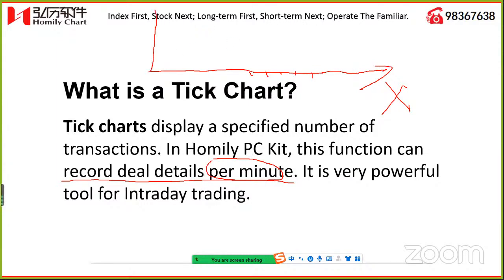On the y-axis, every minute there is a trade price. So this tick chart will connect all the every minute trading price to form this tick chart. All right.